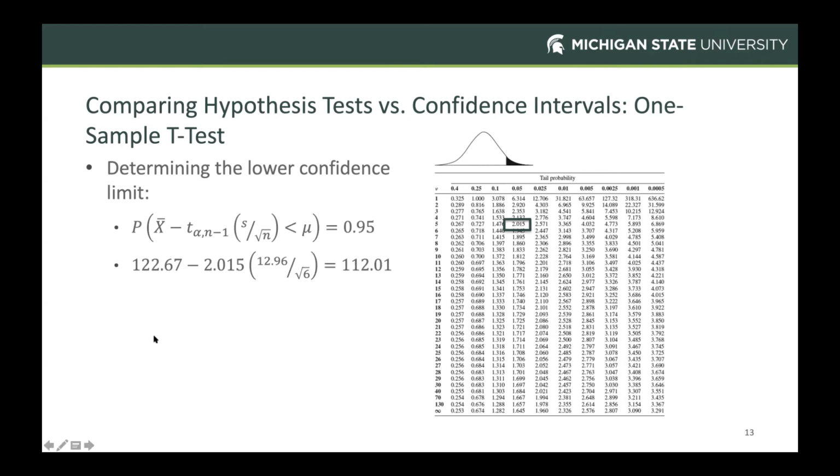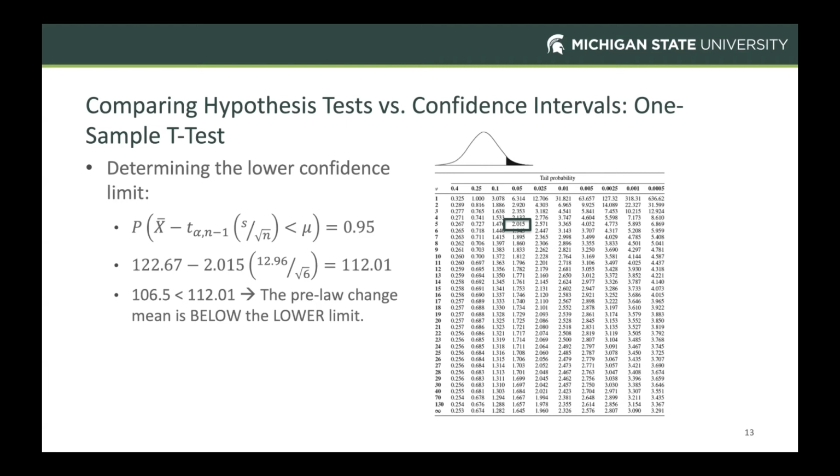We again are taking our post-helmet law fatality average of 122.7, the same critical t-value outlined previously with 5 degrees of freedom at 0.05 for our significance level, 2.015. Our sample standard deviation and our sample size are shown here, and so our lower limit in this case is 112.01.